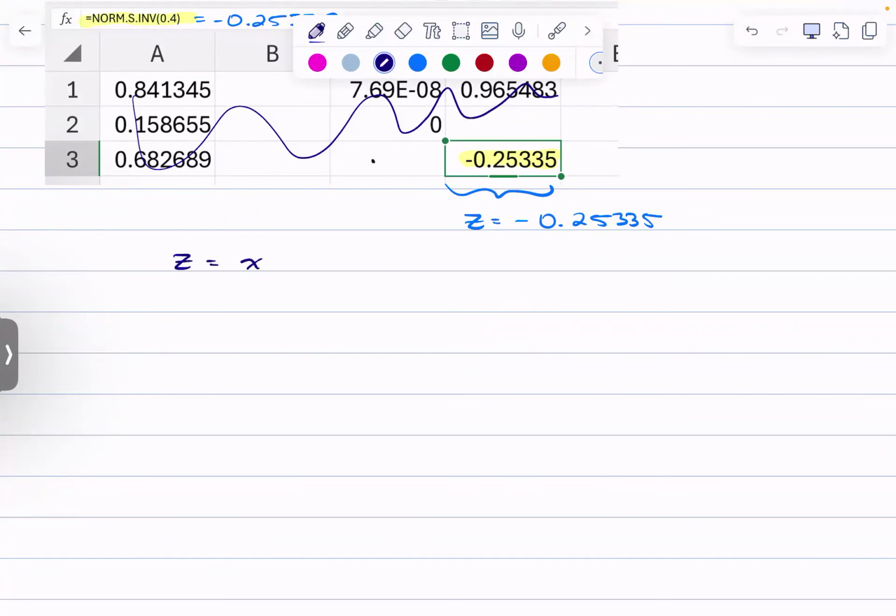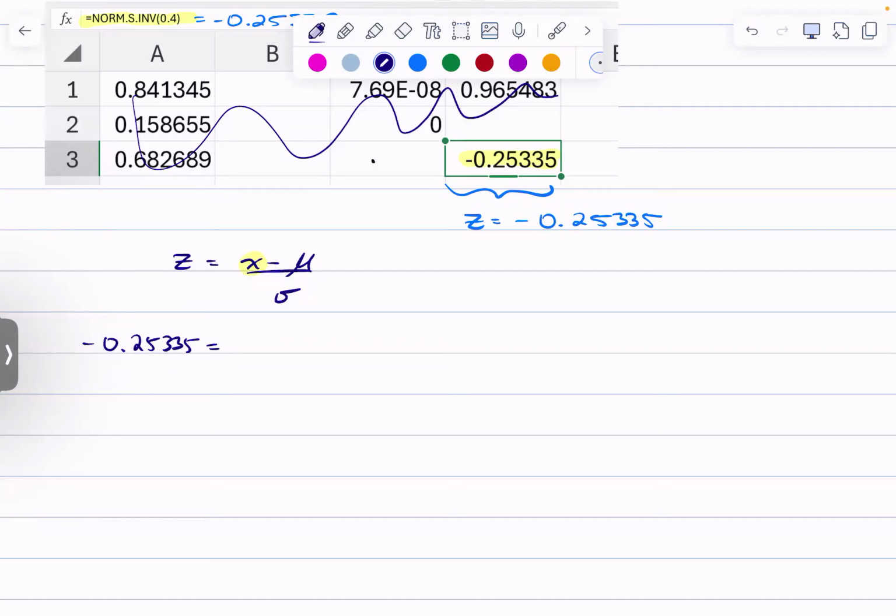If Z is x minus mu over sigma, now we're trying to solve for this x. Now I have a Z, negative 0.25335. Right now I'm just trying to unravel this, knowing that he's 0.25335 standard deviations below the mean.